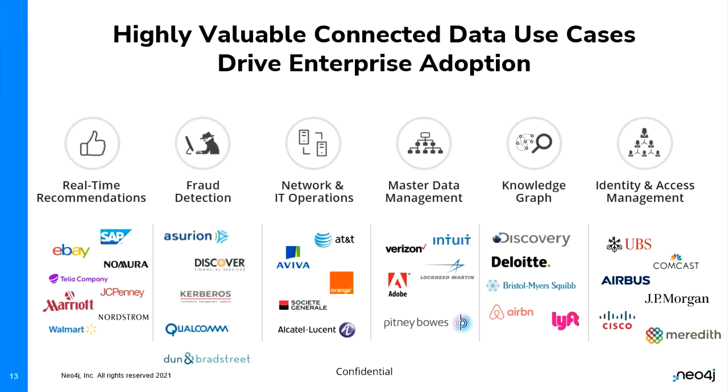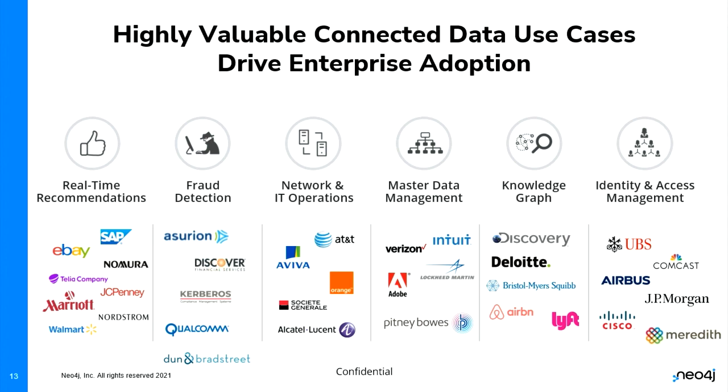So where are some of the high business value use cases? Here's really just kind of a high level of some of the categories: real-time recommendation, fraud detection, network and IT operations, MDM, knowledge graphs, identity access management. And here's just a smidgen of some of the customers. We've been focused on the enterprises that are $1 billion and above.